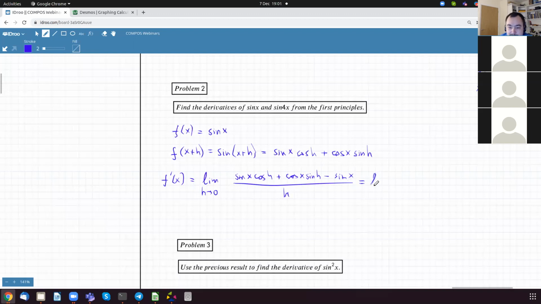We simplify that. We combine the like terms. So we combine this term and this term. There's going to be sine x times cos h minus 1, divided by h.